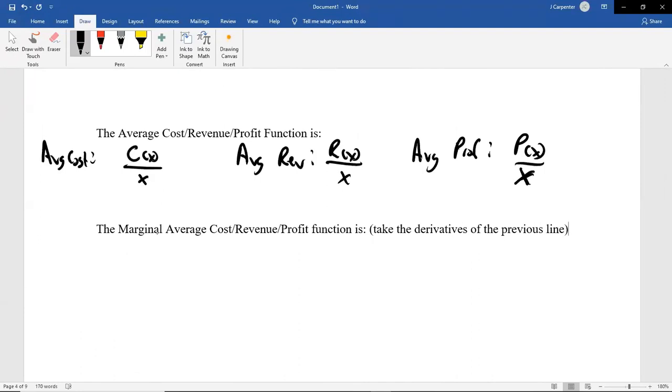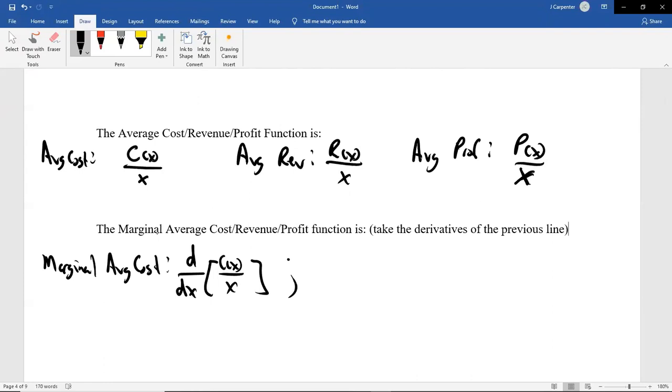So your marginal average cost is d dx, the derivative of the average cost. Or your marginal average revenue is the derivative of the average revenue.